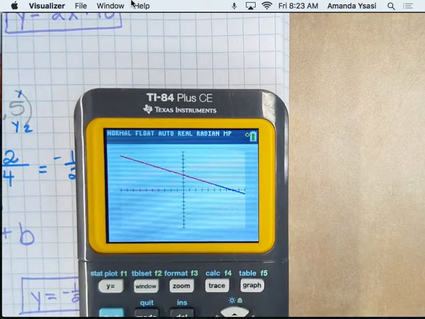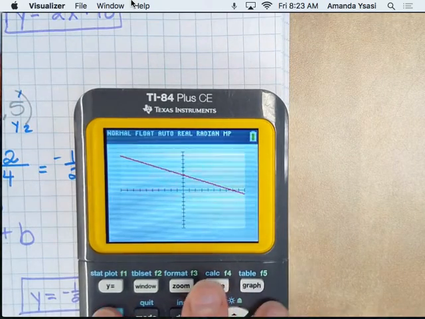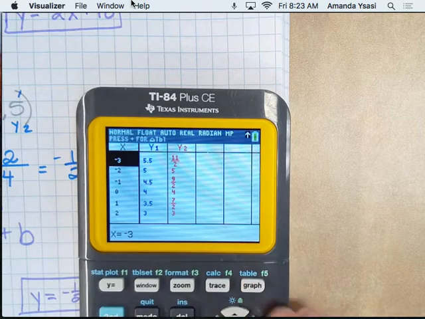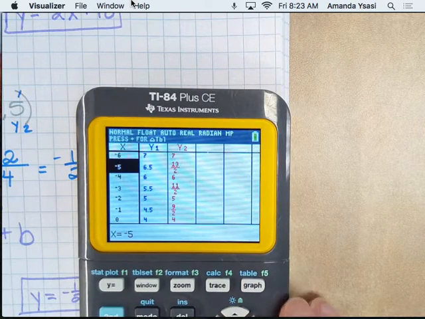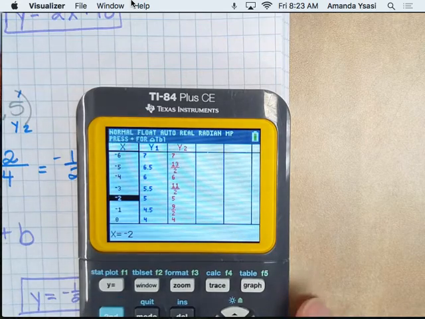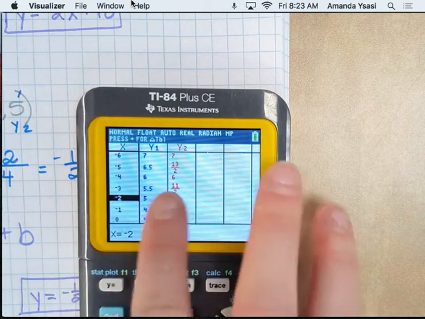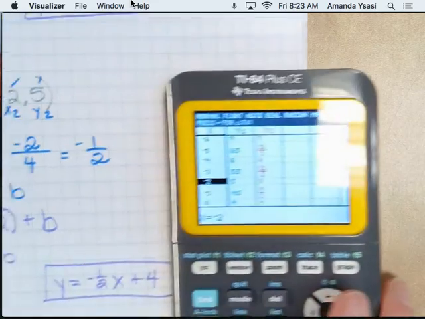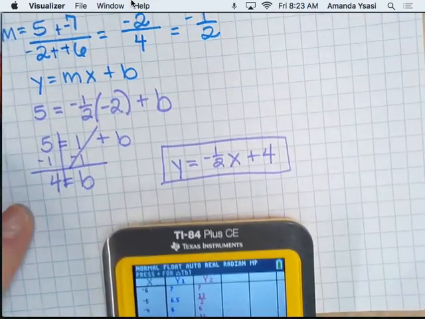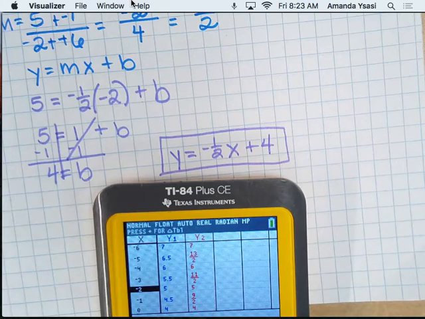See how it's the same line? Okay, then the table, negative 6, 7, and negative 2, 5. And I have 2 on here because I put it in 2 different ways. I put it in as a fraction, and then I put it in with the slash. That's why it looks different.